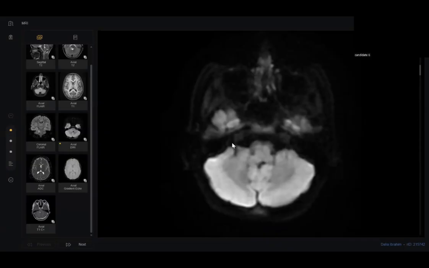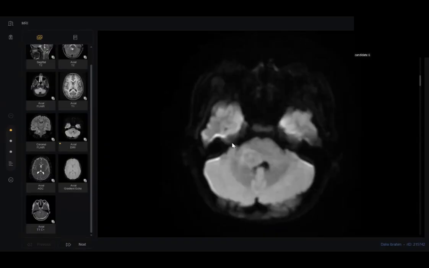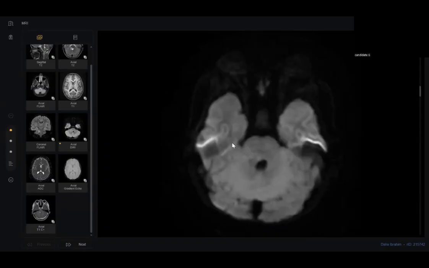Sir, on the diffusion weighted imaging, this lesion is not showing restriction. So, sir, this is a peripherally enhancing lesion which is not showing restriction.